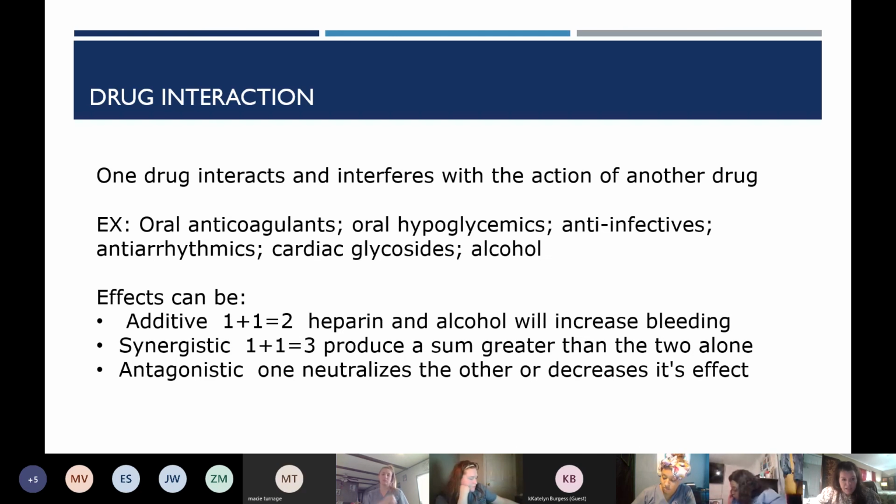The best way to describe it is the math problems I have here. Additive is 1 + 1 = 2. Synergistic is 1 + 1 = 3. So it's really going to potentiate the effect of that drug. And then antagonistic is when one neutralizes the effect of the other.